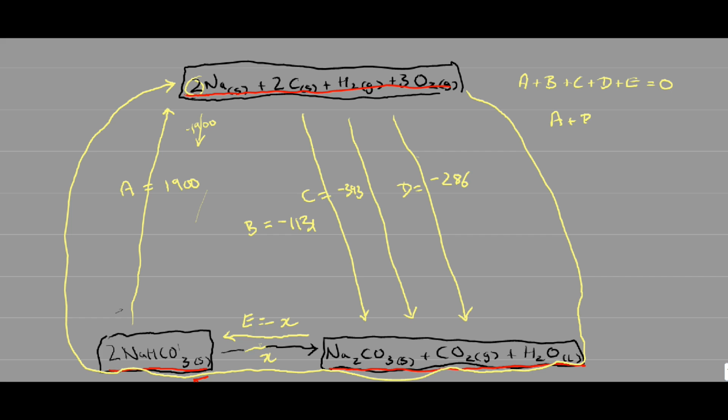A plus B plus C plus D equals minus E. Since E equals minus x, x equals minus E. So I can therefore say x equals A plus B plus C plus D.